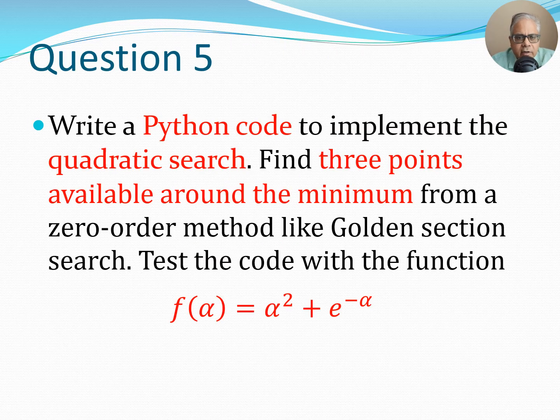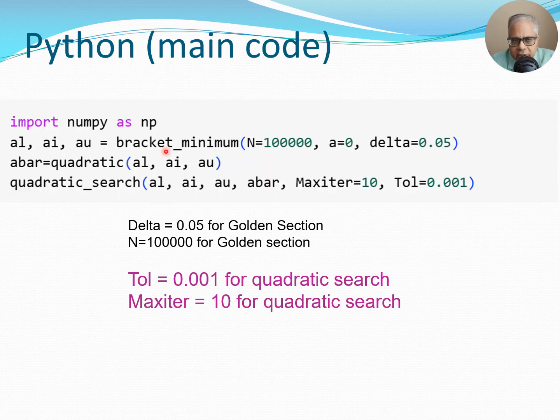So at this point, we are ready to write a Python code to solve this problem. So first we are going to find 3 points using the golden section search, and then test the code with this function we have been using for a long time. So let us first start with the main Python code. So again, I bring in NumPy, and then I bring in a function bracket minimum.